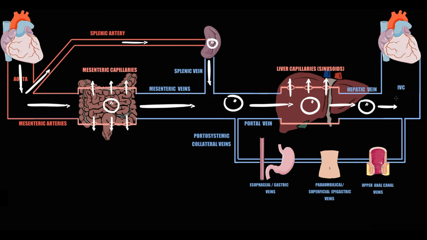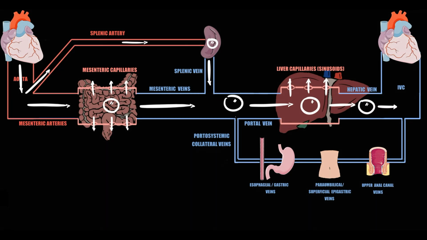But we also have to know that in this system we have additional vessels that remain from embryogenesis. We call such vessels portosystemic collateral blood vessels. Back in the times of embryogenesis, these vessels were crucial. They provided flow to esophageal and gastric veins.